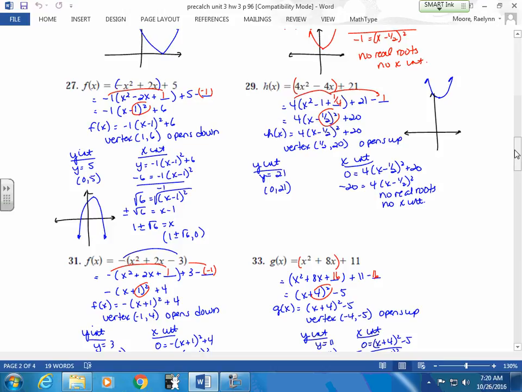Intercepts were in there. We'll do that today. Questions? Talk to me if you have any questions. I'll be glad to do this out.